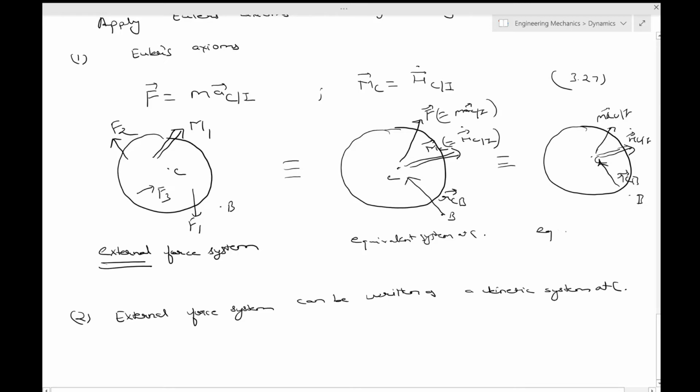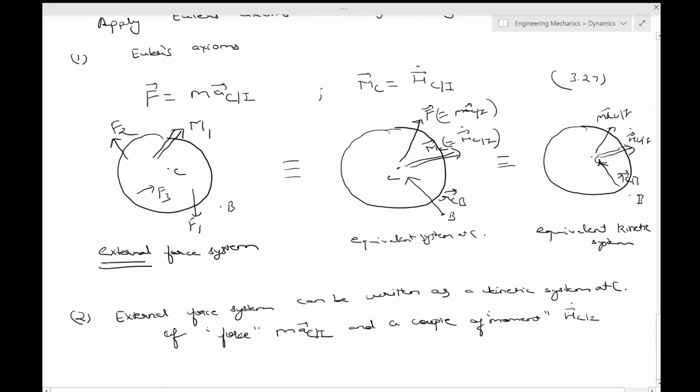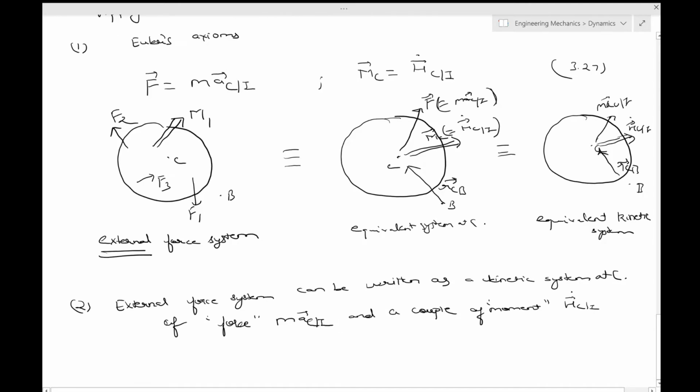This is the equivalent kinetic system at C. This has a force MAC of I and a couple of moment HC dot I. We put this in quotes because we don't draw the force and the moments in the kinetic system, and similarly we have put this in brackets because we don't show this in the equivalent system at C.